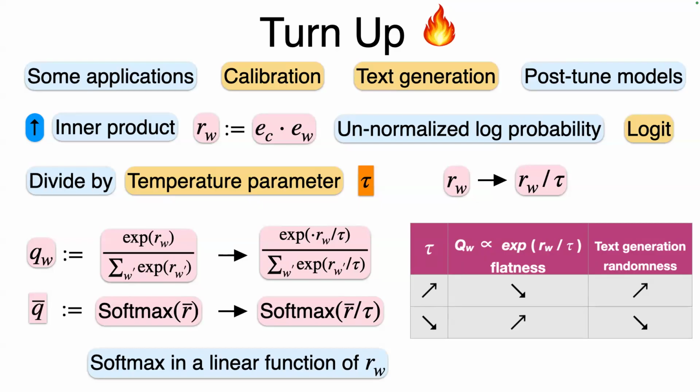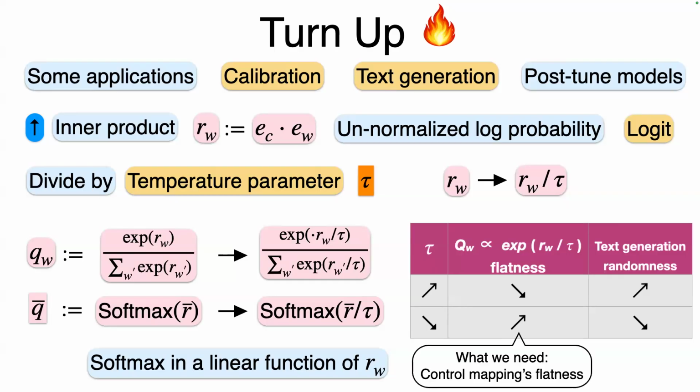Therefore the text generation becomes less random, because now we only give probability to very likely words. So when temperature is high, you get more random; when temperature is low, you get less random. This explains the name. What we're interested in is this quantity here, because it controls the flatness of the distribution.